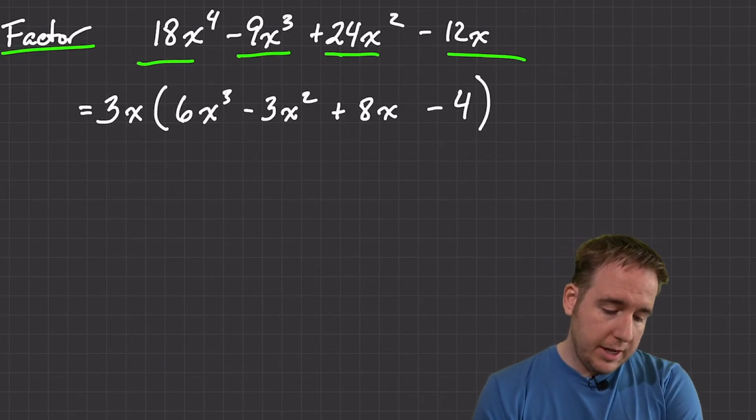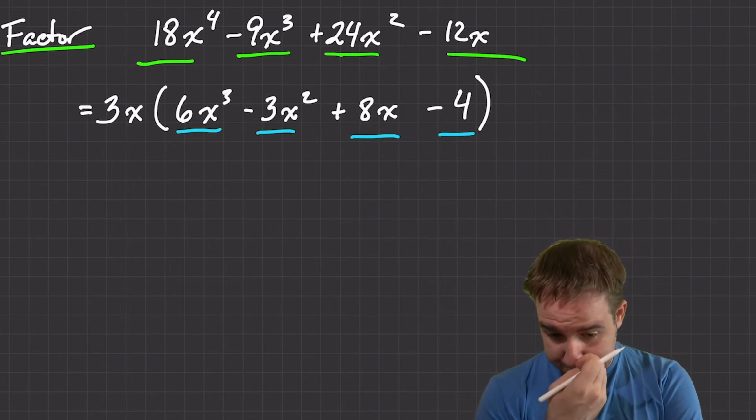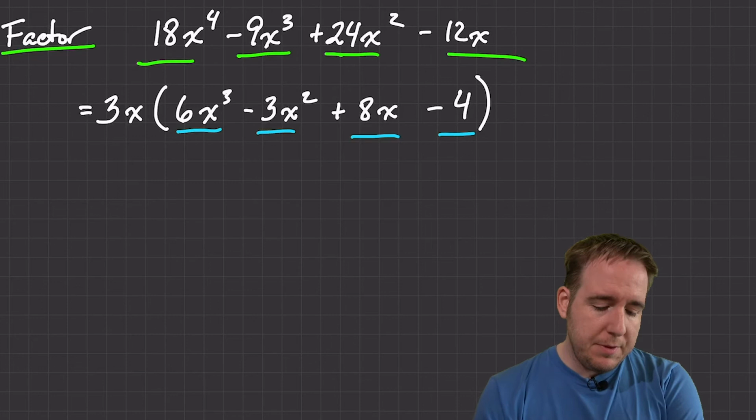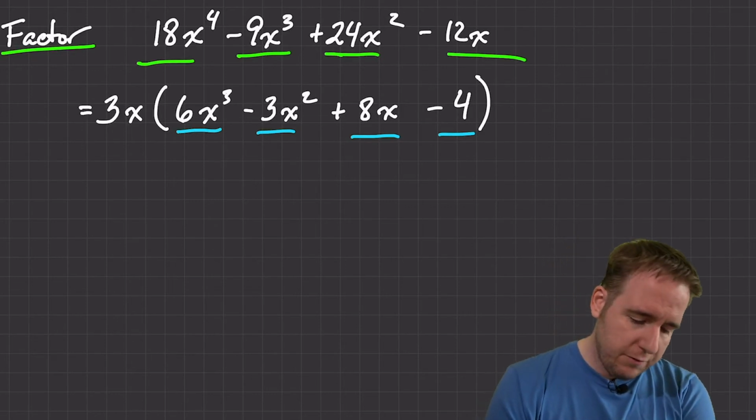Grouping, remember, is maybe a good idea when you have 4 terms, but also when you look like you might be able to factor by grouping. So bunches of these are divisible by 3, bunches of these are divisible by 4, lots of x's floating around. This is a good candidate for grouping.